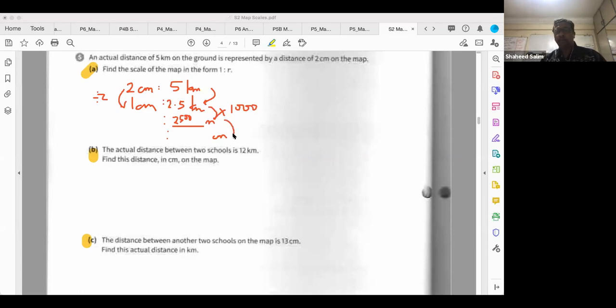Meters to cm, 1 meter is 100 cm, times 100. So add another 2 zeros here. So you have 4 zeros: 2, 5. Now just drop the cm. So you get 1 is to 250,000. That's all. You know how to do, or not?